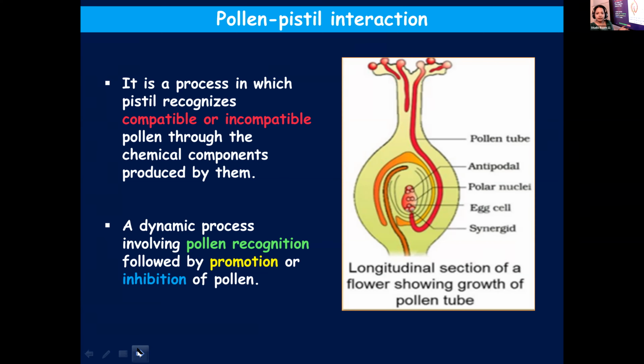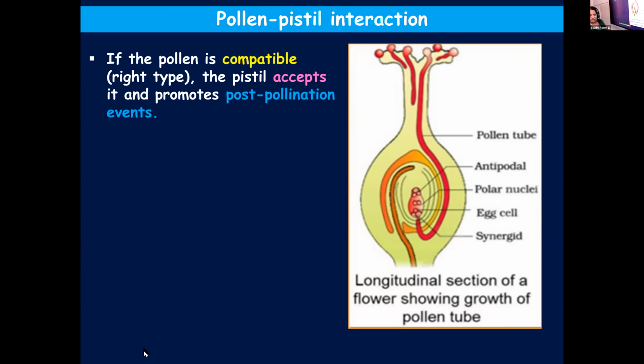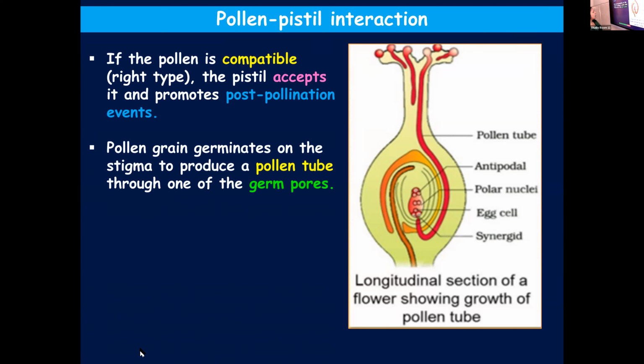If the pollen is compatible, meaning the right type, matching, belonging to related species, the pistil accepts it and promotes post-pollination events. So if it belongs to the same flower or another flower of the same plant, or a flower of a plant belonging to the same or related species, it will accept it and promote post-pollination events.